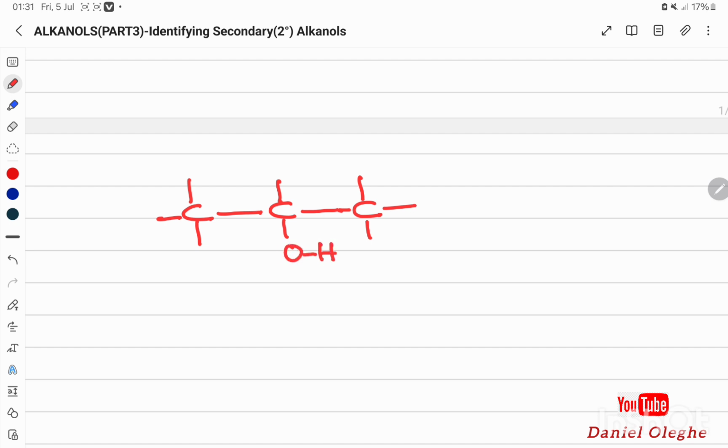The middle carbon atom is the non-terminal, while the other two carbon atoms are terminal. Don't forget that a secondary alkanol has the hydroxy group bonded to the non-terminal carbon atoms, which is usually in between the terminal carbons. So we have the OH in the middle, attached to the middle carbon atom, and let's try to complete the structure. We have this.